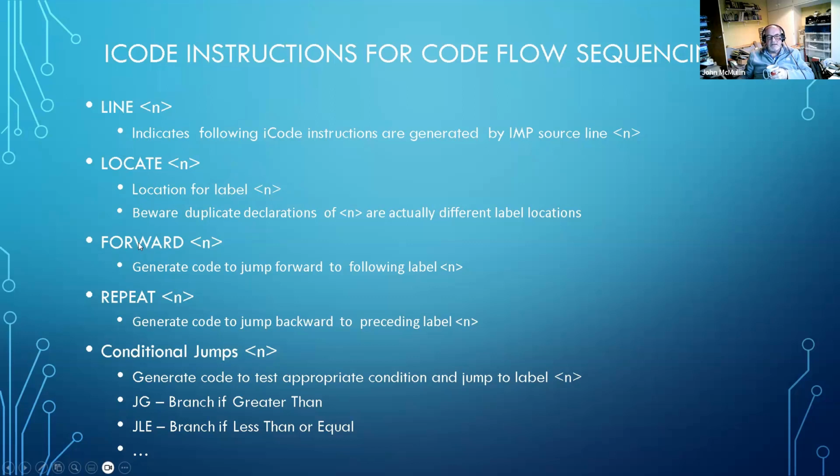Forward says, I want you to generate code to jump forward to the corresponding label. Repeat, jump backwards. And then it's got obviously conditional jumps like jump branch if greater than, jump if less than, and another range of conditional jumps.